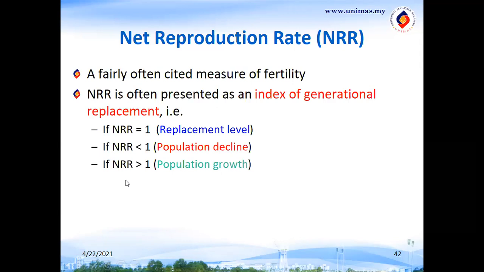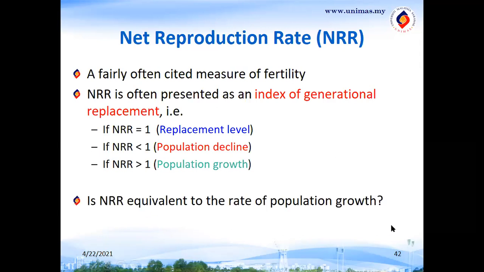If the net reproduction rate is more than one, maka that will lead to further population growth. Ya, pertumbuhan populasi akan berlaku if the net reproduction rate is higher than one. Okay. All right. So question: is the net reproduction rate equivalent to the rate of population growth?